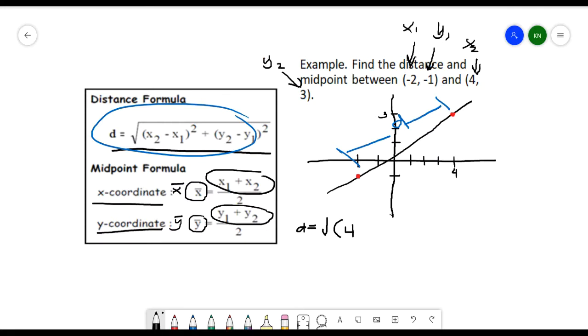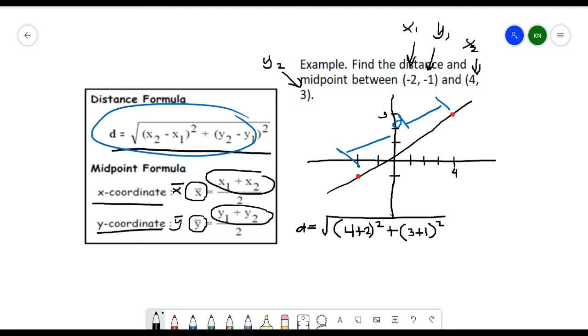So substituting that in our equation, we have x sub 2 minus x sub 1, where x sub 1 is -2, so that gives us +2 squared. And we also have plus y sub 2, which is 3, minus y sub 1, which is -1, so that becomes +1 squared.